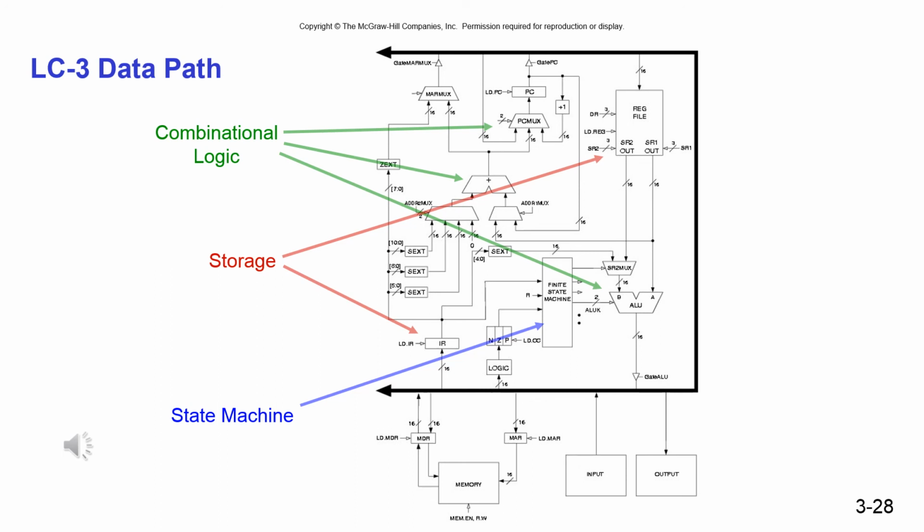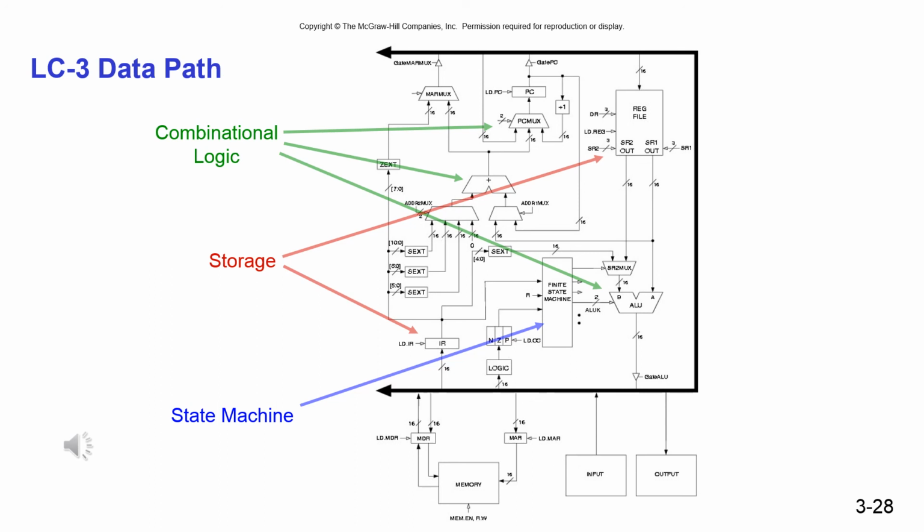Just in closing, and this is the last slide of this lecture, we have a state machine, we have storage units, and we have combinational logic circuits that all work together to implement a finite state machine.